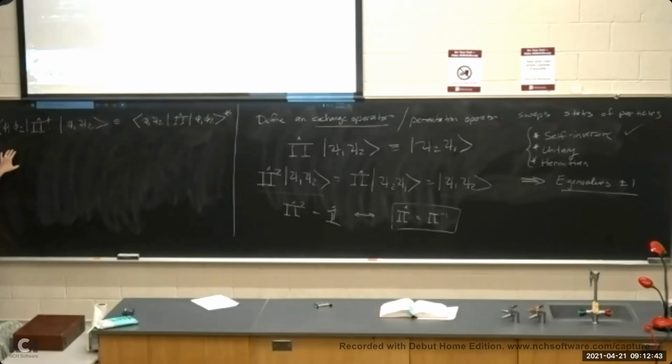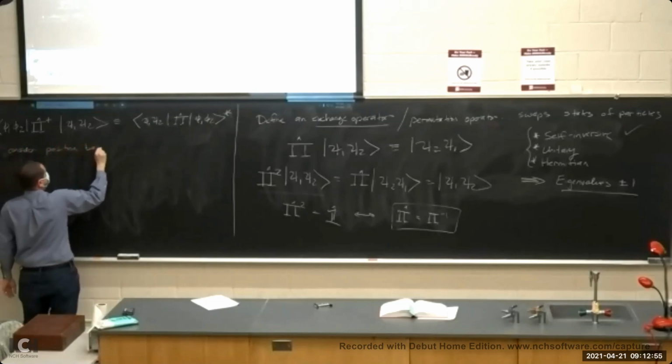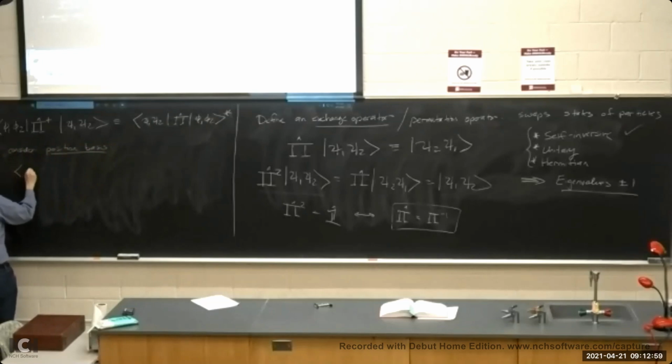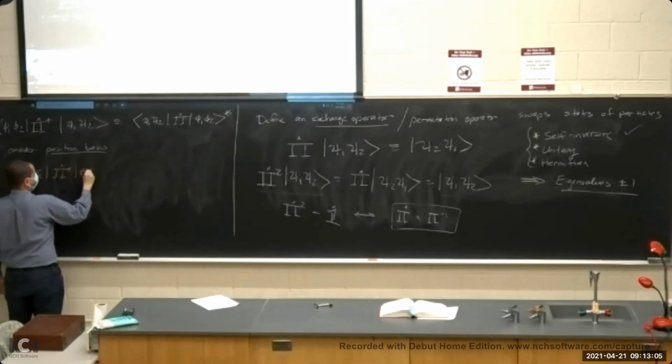So let's take a look at this in a particular basis. So suppose we work in a position basis. So let me suppose that I have R1, R2, and I want to look at pi dagger R1 prime, R2 prime.